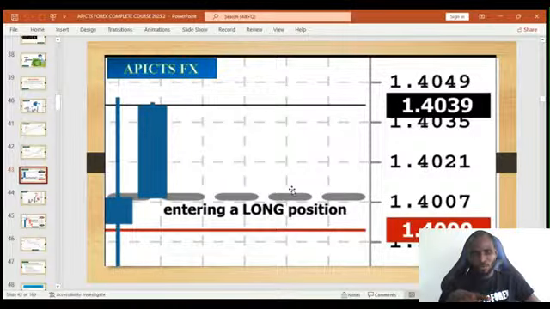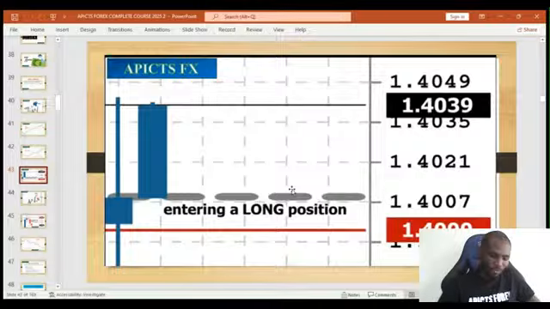So look at it now. Let's assume that where you can see the red line is your entry. The red line across the screen is labeled 1.4000.